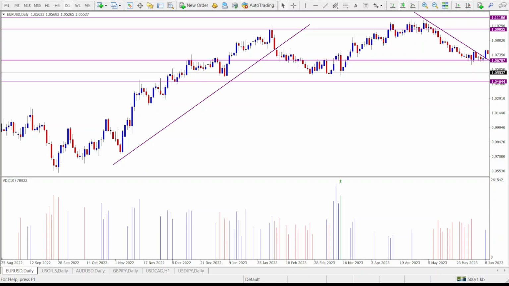Make sure that you do not risk more than you can afford to lose, and do not risk more than 2% of your capital in a single trade. When it comes to risk to reward ratio, ensure that when you are risking $1, for example, your potential profit target should be a minimum of $2. That is a risk to reward ratio of 1 to 2.